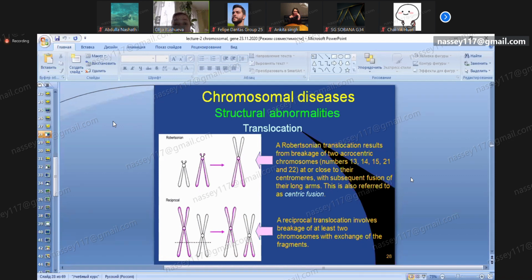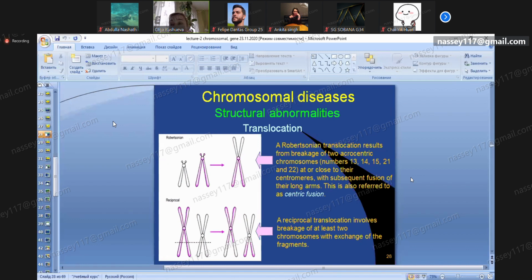That's why a carrier of Robertsonian translocation will never have any clinical peculiarities of this translocation. But this patient will have a very high risk of chromosomal pathology in their offspring.